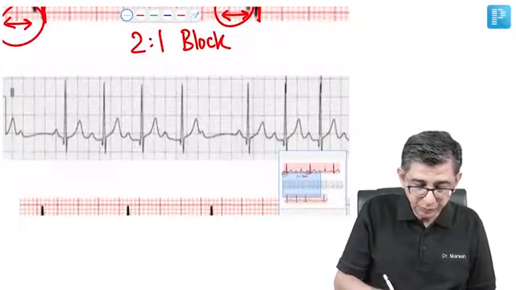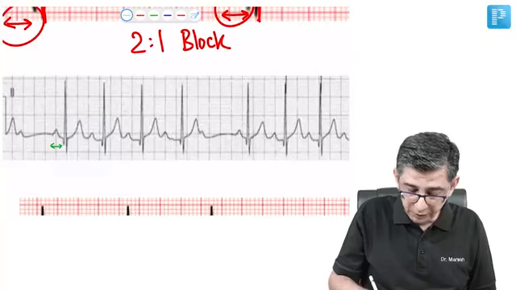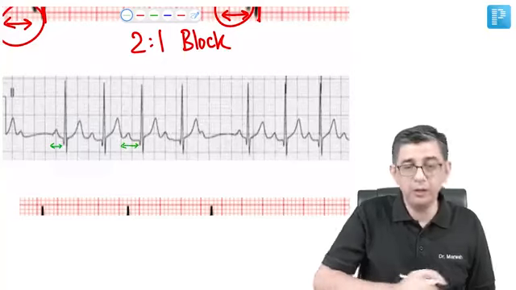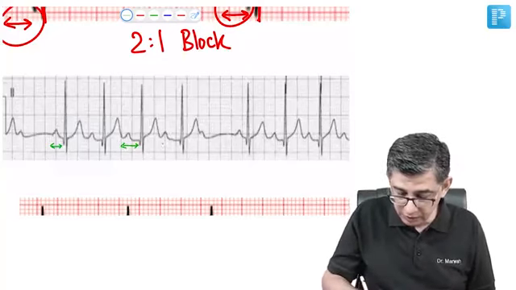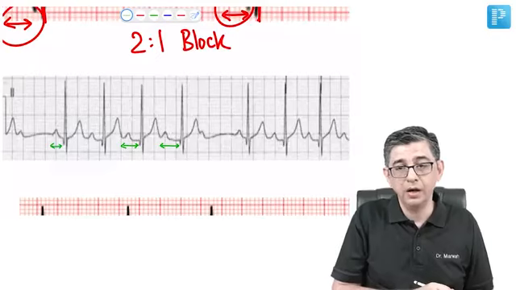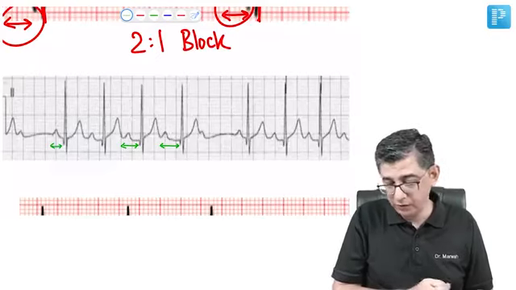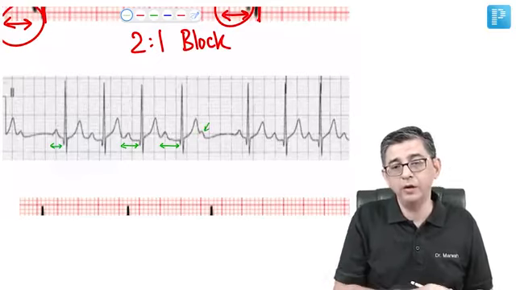This is the PR interval the first time. If you compare this with the PR interval the second time, there is a visible increase. Then I'm going to check it once again. It looks almost the same or slightly increased. And then what I'm noticing is that following the T, there looks like a P which is just buried at the end of the T.